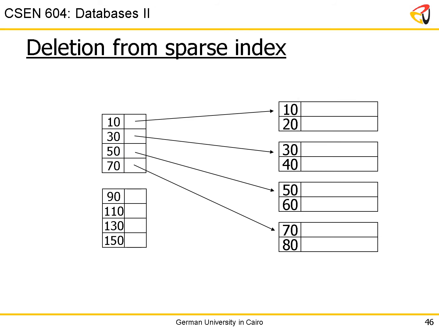So let's study how the deletion is going to work if we're having a sparse index. Recall, a sparse index means we're not going to have all the entries in the index. We're going to only have a subset of the index. And I'm showing you here actually more than what you would typically have.